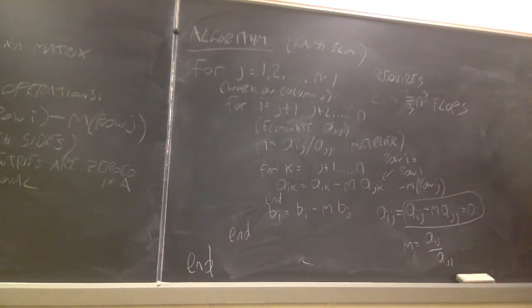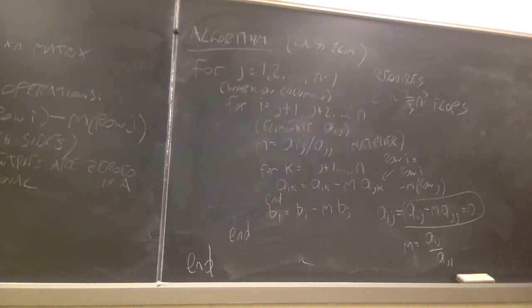Flops is short for floating point operations; we were performing floating point arithmetic. So this isn't really that good, because as n gets large, and in places where numerical algebra is used it does get large, that's very expensive. So we want to look for ways to cut that down, and in certain cases we can.